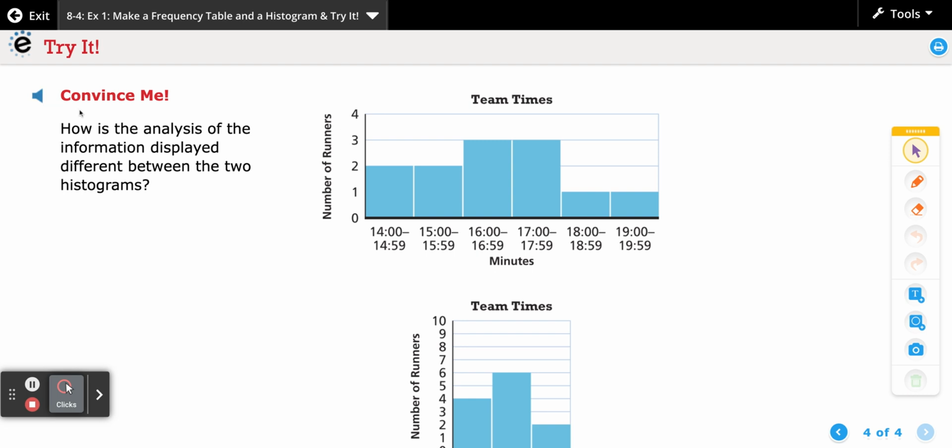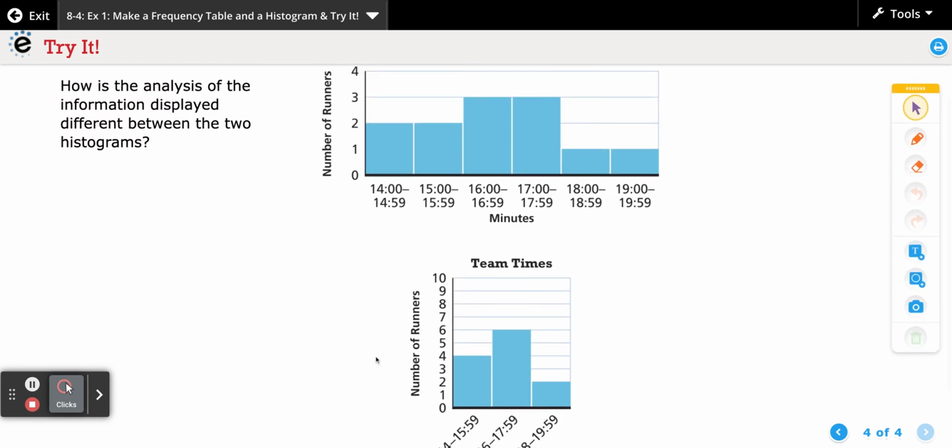How is the analysis of the information displayed different between the 2 histograms? All right, so here's what I was talking about earlier. When the bars in a histogram do not touch, it's a clue that this is a histogram, not just a regular bar model. Again, the range of values and the space between the bars, that is a histogram.